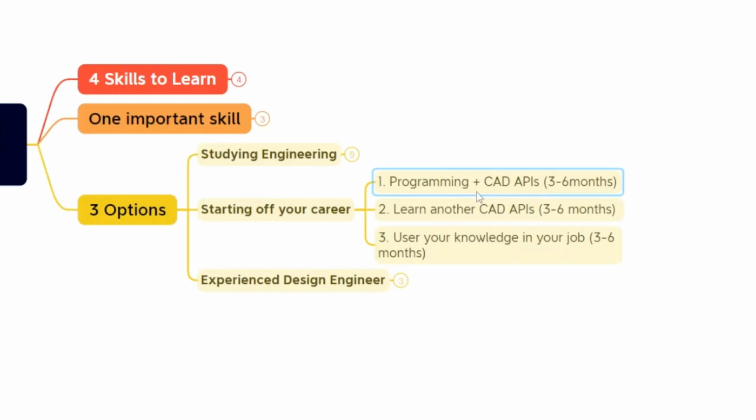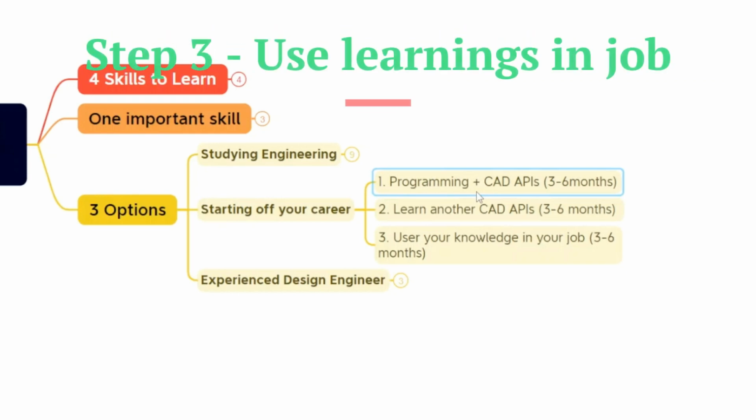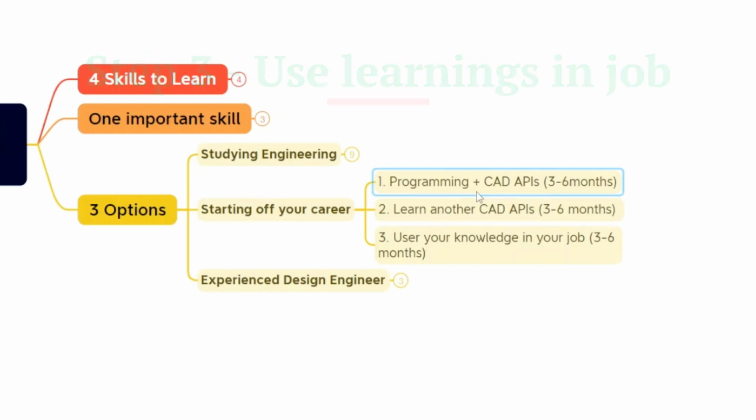By this time you also have 1 to 1.5 years of experience in your job. Now it is a good time to think about where you can utilize your knowledge of CAD automation in your job.